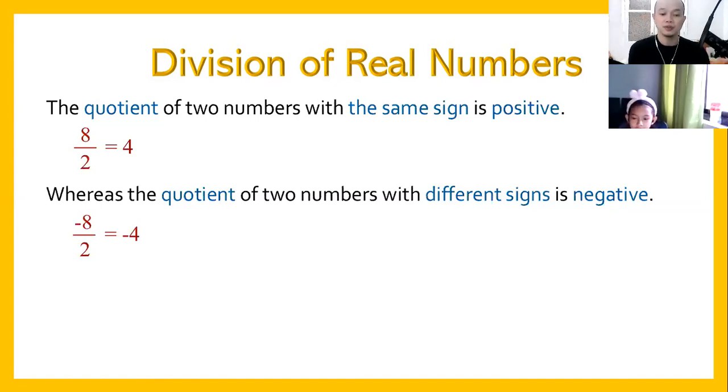The answer is negative. Why, Christelle? Why do you think the answer is negative? Because the two numbers divided are of the same sign or different signs? Okay, they have different signs, negative and positive.